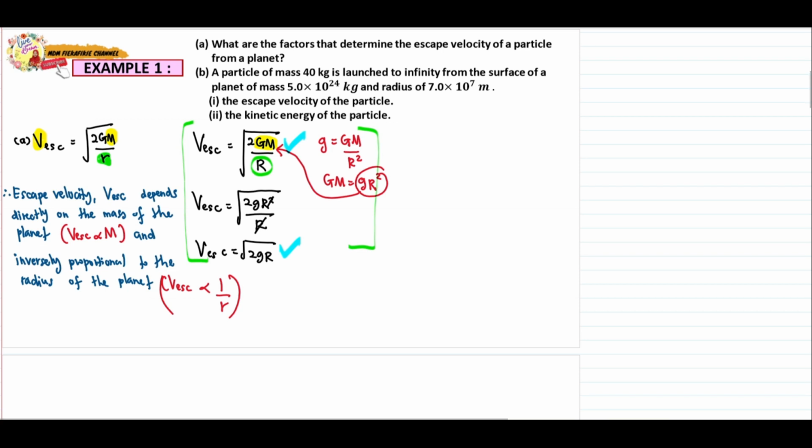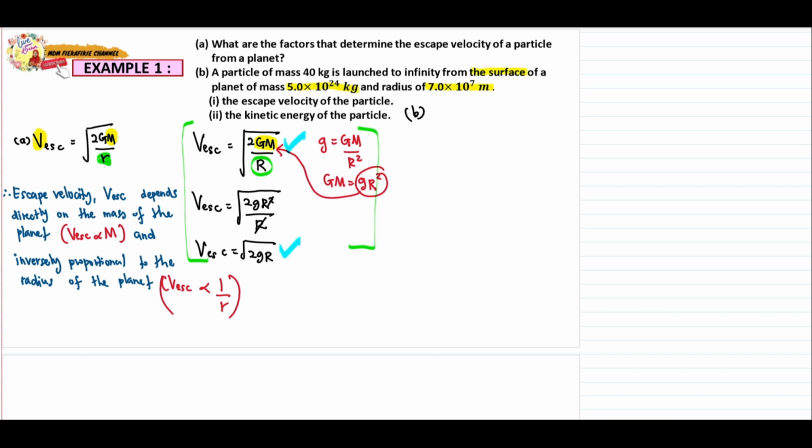And B, look at here, B, a particle of mass 40 kg is launched to infinity from the surface of a planet. Okay, so this is from the surface of a planet of mass is given and the radius also given. So now we want to calculate what is the escape velocity of the particle.